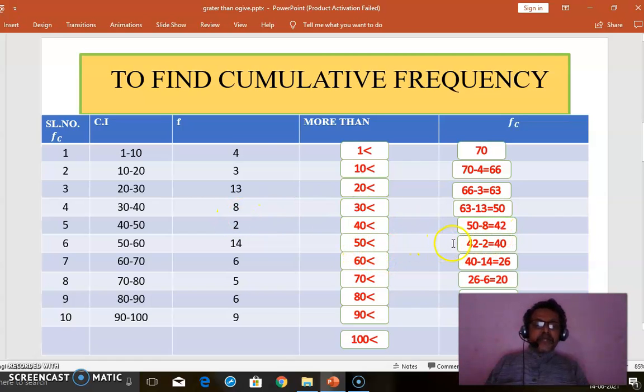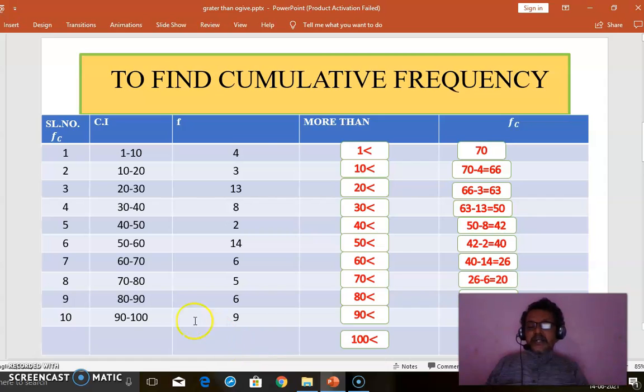Greater than 50, 42 minus 2, 40. Greater than 60, 40 minus 14, 26. Greater than 70, 26 minus 6, 20. Greater than 80, 20 minus 5, 15. Greater than 90, 15 minus 6, 9. Greater than 100, 9 minus 9, 0.